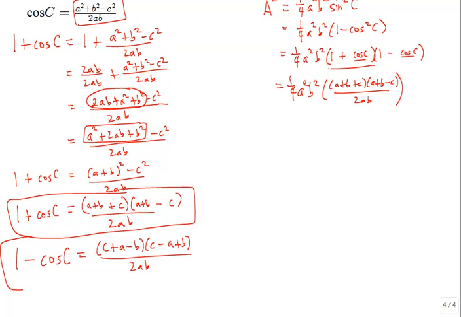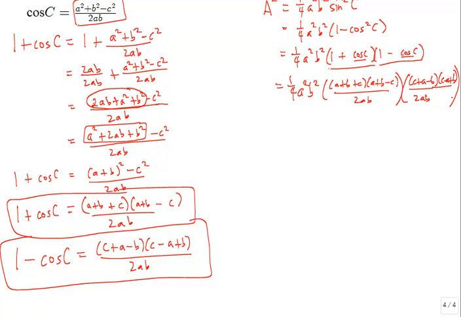So we're going to use that to substitute in for this second set of parentheses right here. So c plus a minus b all over 2ab, and c minus a plus b as well.